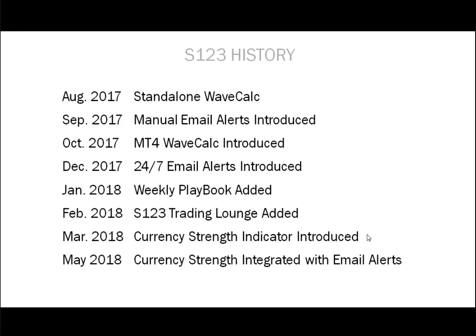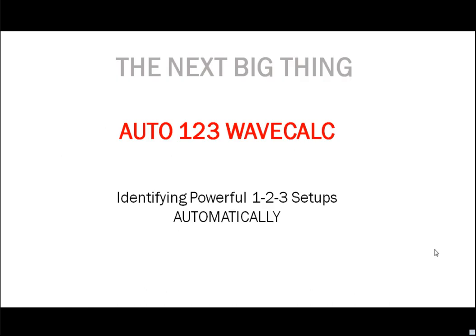And now with the automatic wave calculator, it's easier reviewing the trades, finding the better ones, spending more time just analyzing the charts a lot quicker, with a lot less stress, and making some good pips. And we also introduced a currency strength indicator, which helps you find the strongest and weakest currencies. And this is available to members also to use.